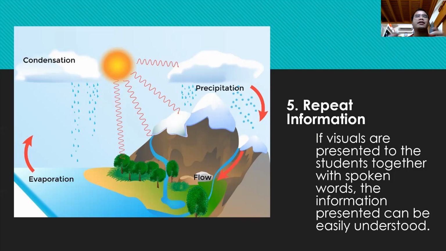So nakikita natin dito yung water cycle that goes on and on again. So even without me telling you what this is, you will understand. You will know what evaporation is. You will know what condensation is. You will know what precipitation is because you can already see it there in the visual. So even without explanations, even without me telling it. So nakikita mo at paulit-ulit nare-remind ka na ito ang evaporation, ito ang condensation, ito ang precipitation.